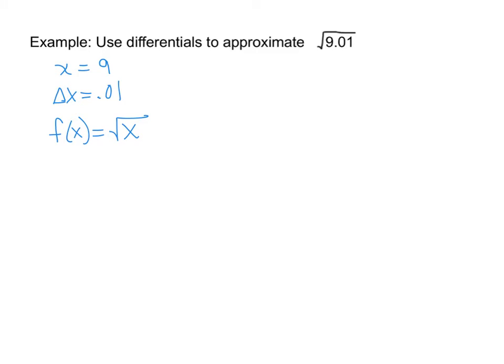We're taking the square root of something plus a little bit. So we know that f of x plus a little bit is equal to the function plus that little bit times the derivative. We have everything we need here, we just want to plug that in.